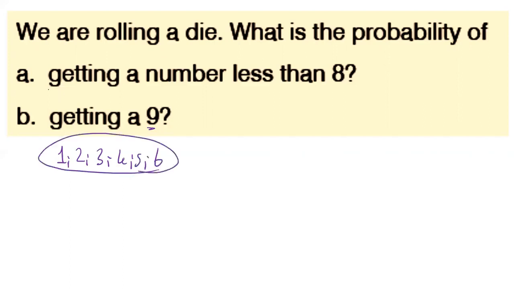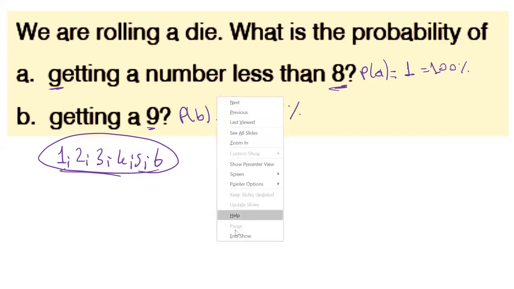The number for the first one, probability of A, a number less than 8, is going to be certainly less than 8 already. So that's going to be 100%. And for this one, getting a 9, there is no 9 on the die. So that's going to be the probability of B, let's say 0, which is impossible. You can say 0%.